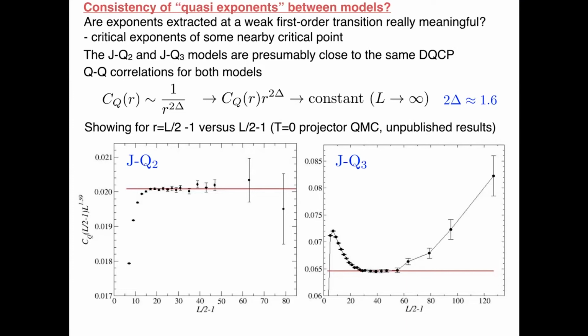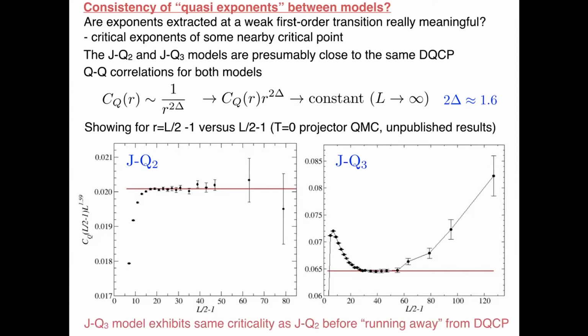So my interpretation of this is that it shows critical behavior up to the biggest size I did here, but the error bar is big, so who knows what it's actually doing. Within error bars it's consistent. But this one does flow to the same power law behavior before it runs away from the critical point. So this seems to indicate that whatever makes the transitions first order is more strongly present in the JQ3 model than in the JQ2 model.